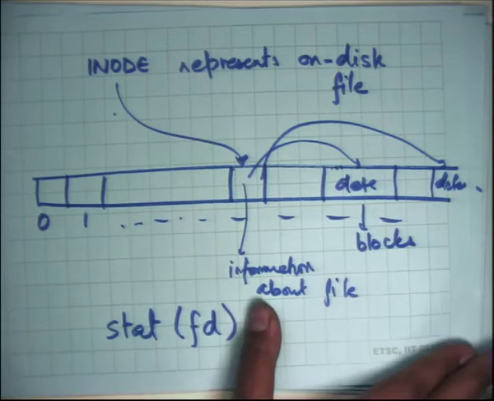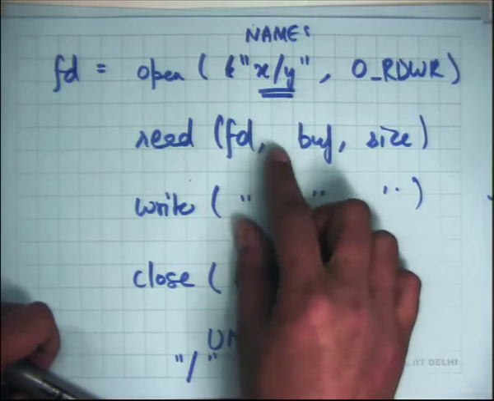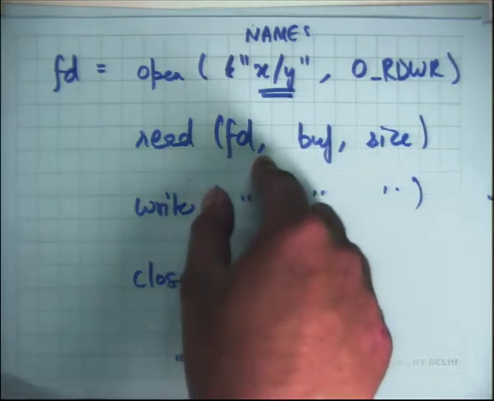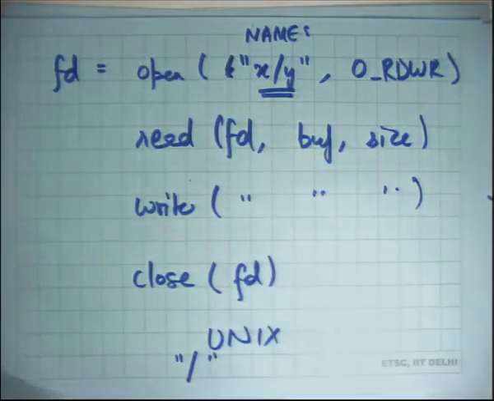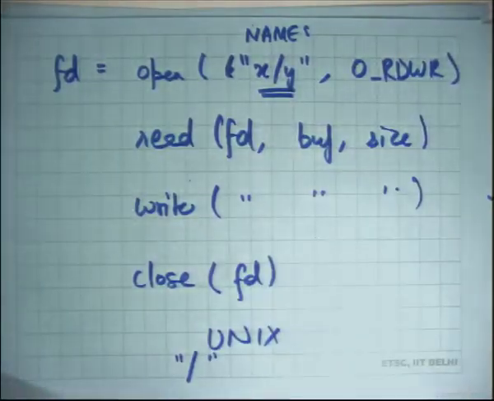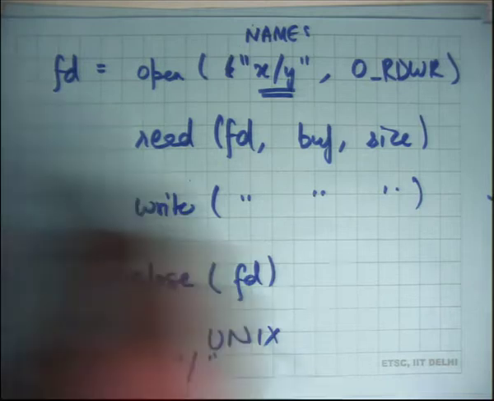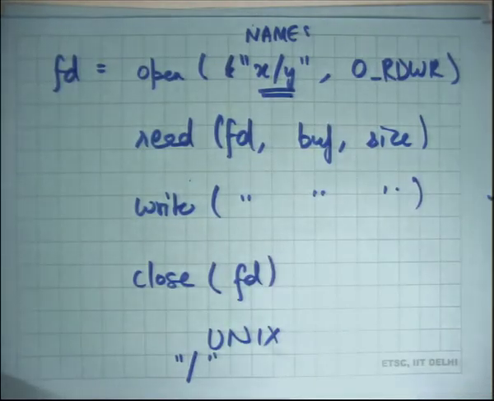Recall that in this interface, when I say read(fd, buff, size), nowhere do I specify a given offset. The offset is implicit. When you open a file, depending on what mode you opened it in, let's say read write mode, the offset is initialized to 0, and then as you read or write to the file, the offset is automatically incremented by the amount of data you read or wrote.